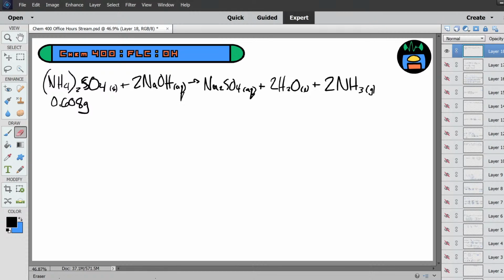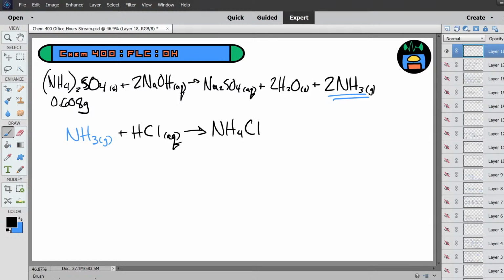So we're told that the ammonia produced by this reaction was taken and reacted with HCl to produce ammonium chloride.